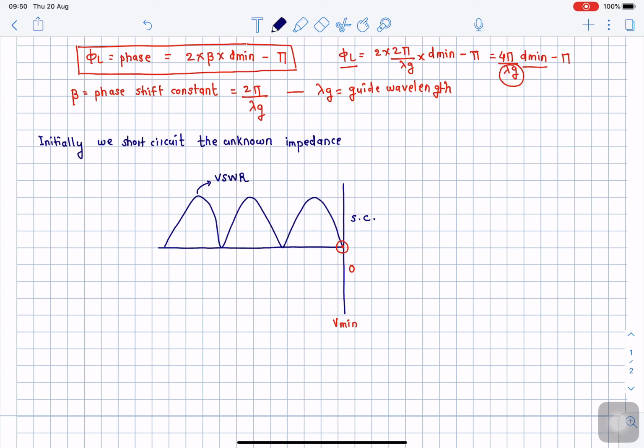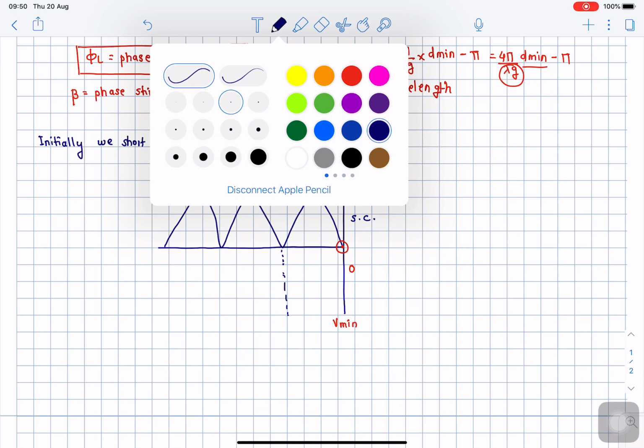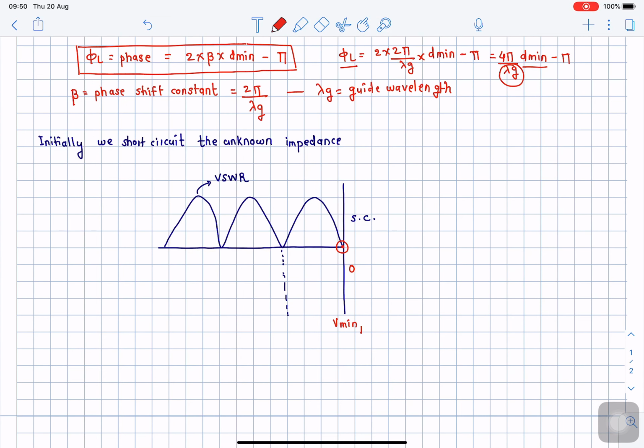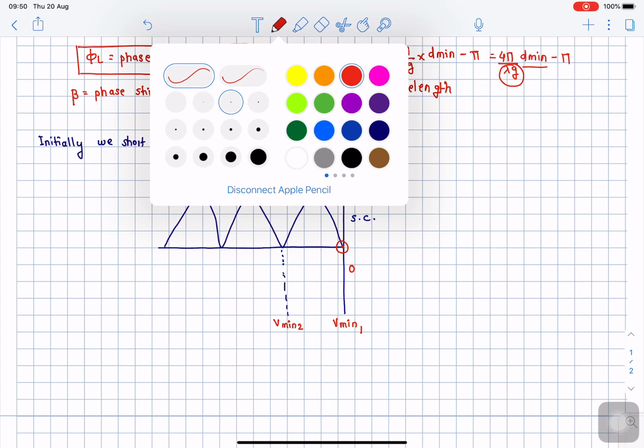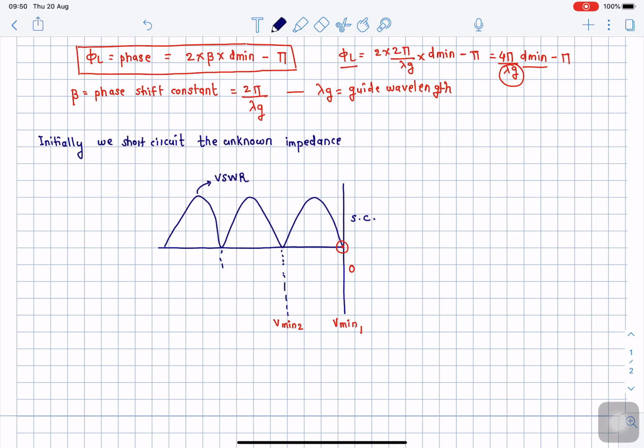At the position of the short circuit we get a voltage minimum, and similarly at this particular position we again get a second voltage minimum, and so on: voltage minimum 1, voltage minimum 2. We will get a standard pattern of VSWR on that test bench.